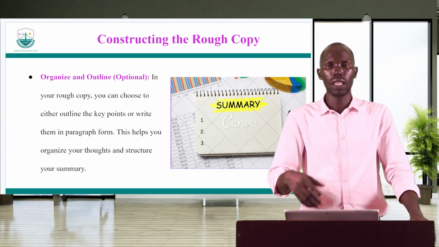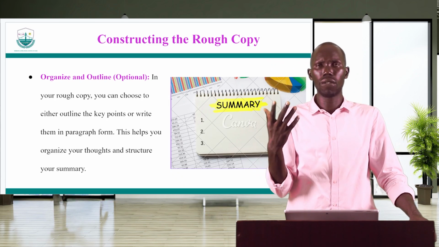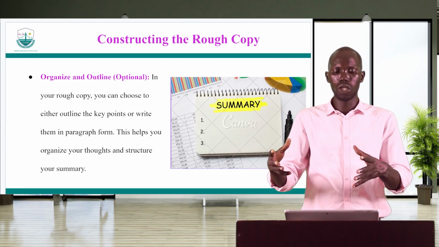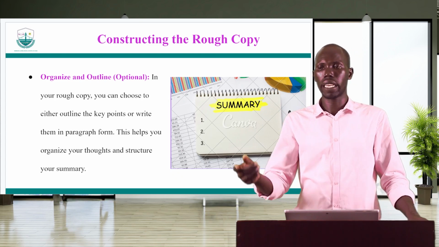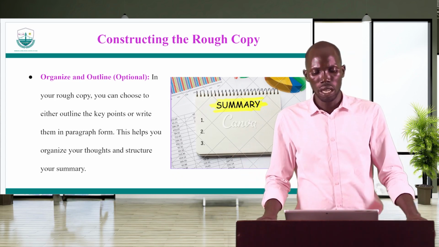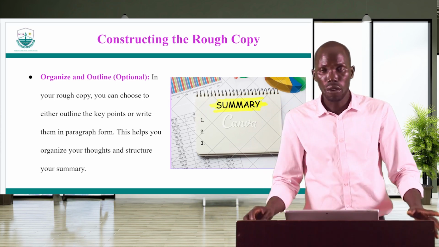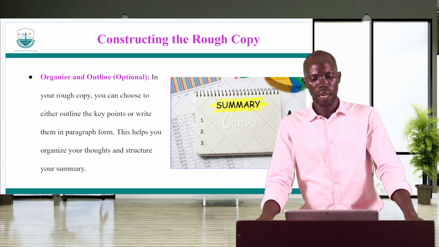In addition to that, you can as well maintain the key points in a single paragraph form. But once it is in a single paragraph form, which means you're going to use transition markers in the same paragraph to move from the first to the second, second to the third, and third to the last. That is something you should take note of. So the rough copy can be in an outline form, or it can also be in a paragraph form.